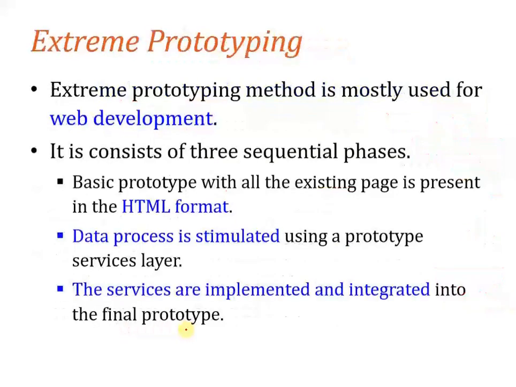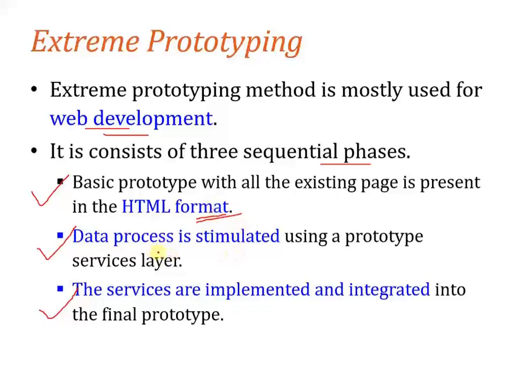The last type of prototyping is called as extreme prototyping. This is mainly used for web-based development applications. So it consists of three major phases, namely first basic prototype building, next how to simulate the data process, and third how to handle the services. So in basic prototyping, we'll be doing the same thing by means of HTML format. We'll not go for the actual software to use it. We'll be defining just by using HTML web pages.